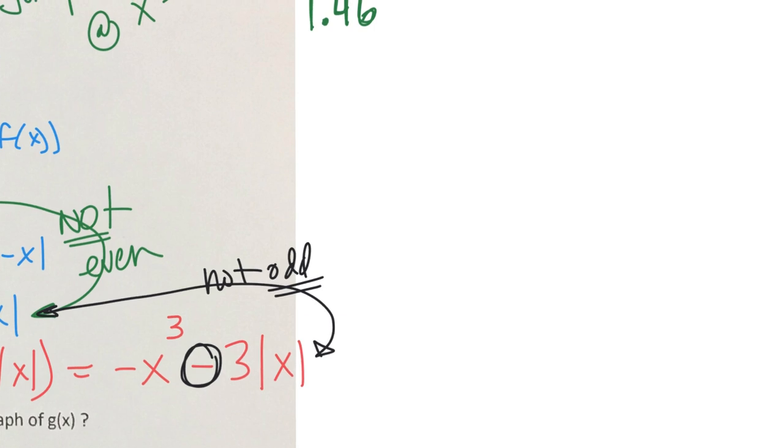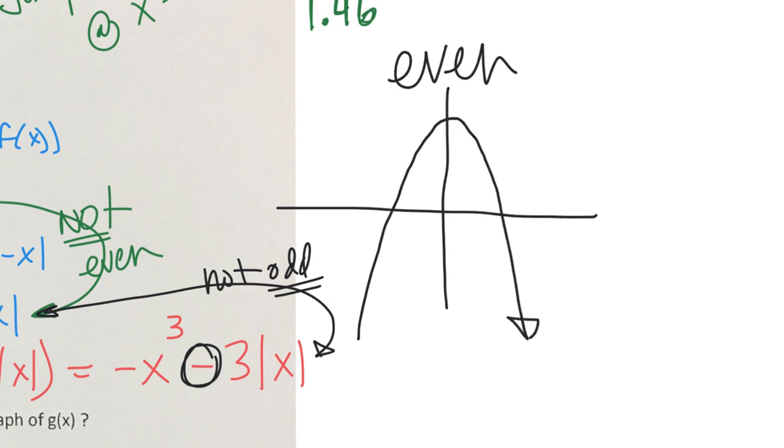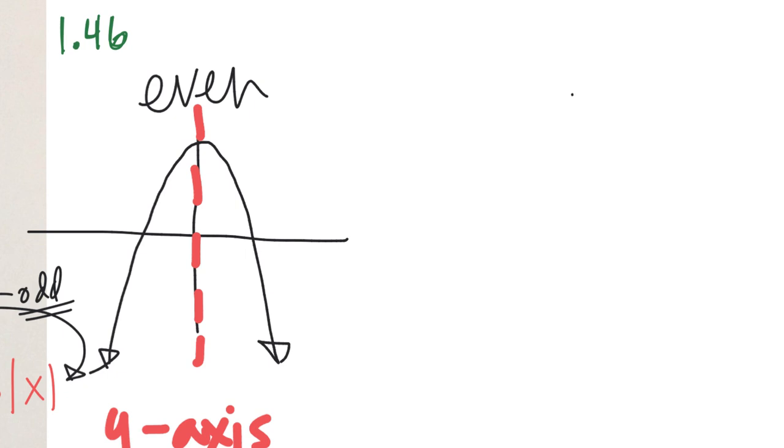Now, what about from a graph? What type of symmetry does an even function have? Excellent. It has y-axis symmetry. All even functions have y-axis symmetry. They can be folded down the y-axis, down the middle, and the left side is the same as the right side for even functions.